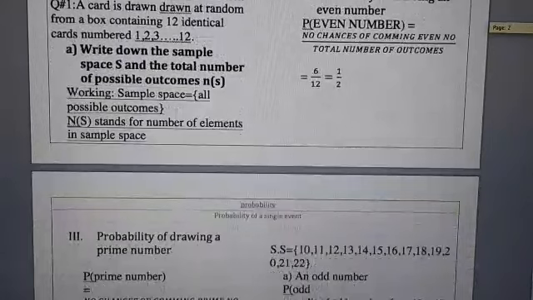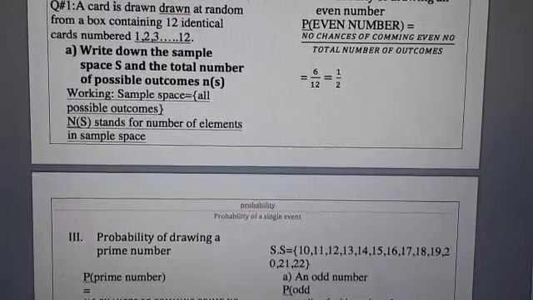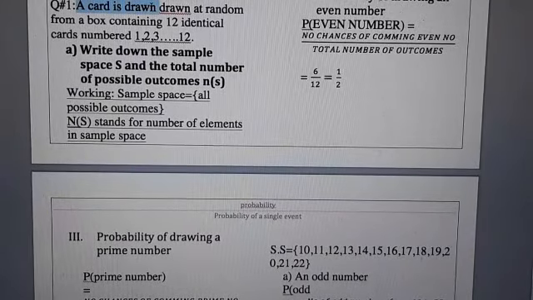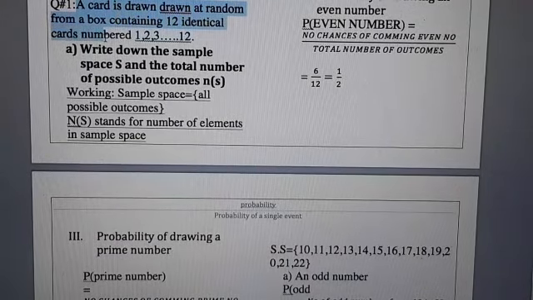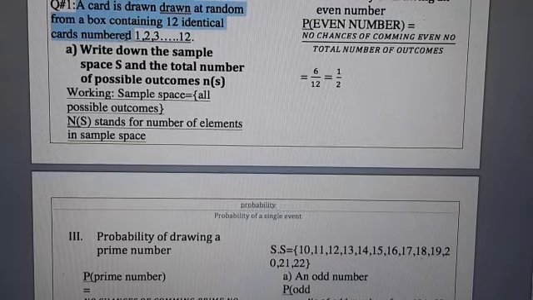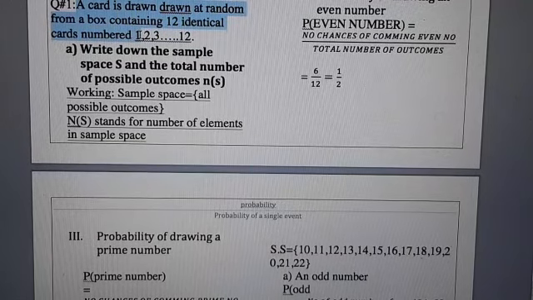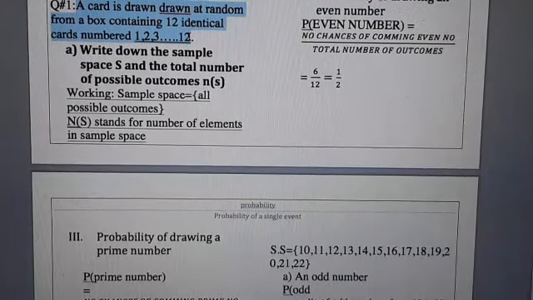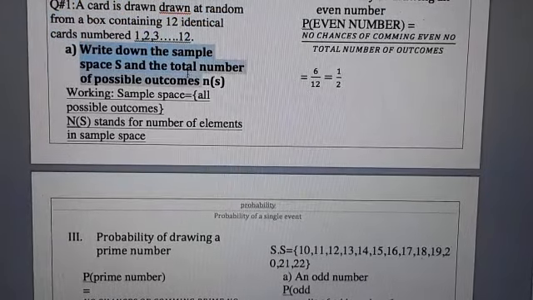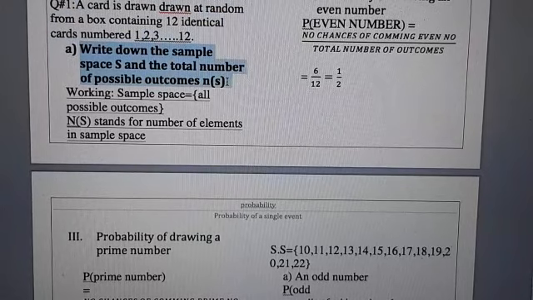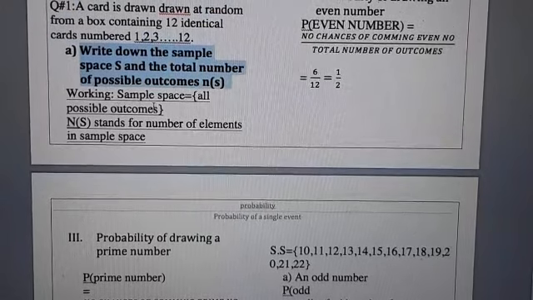Now, question number 1 related to probability: a card is drawn at random from a box containing 12 identical cards, and the numbers on the cards are from 1 till 12. First of all, write down the sample space and the total number of possible outcomes.